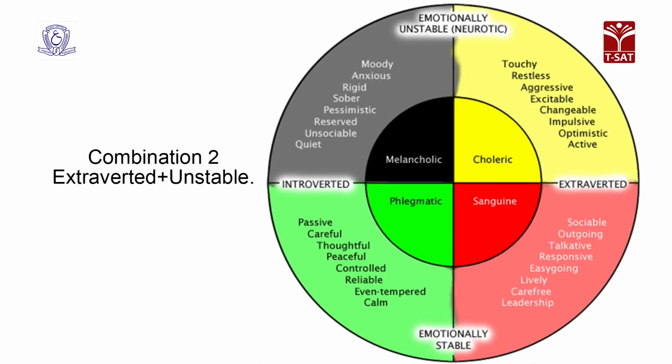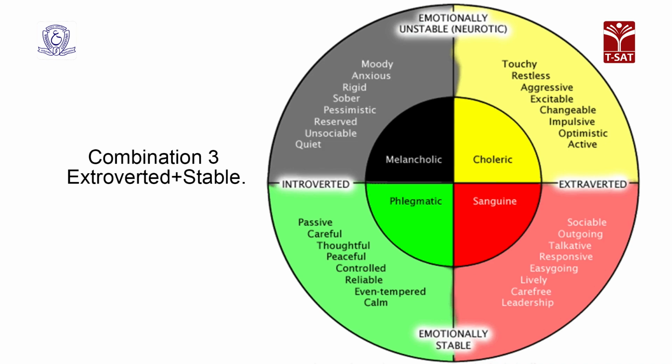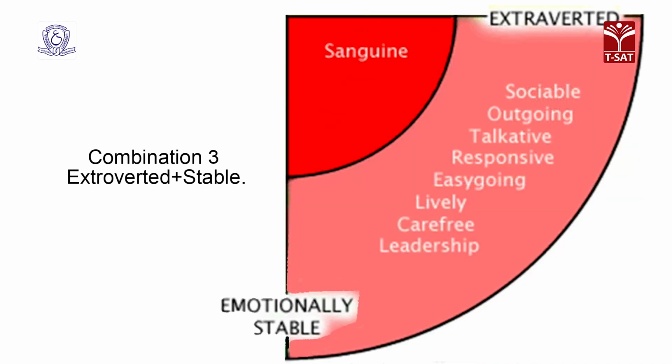Whereas combination 2 is extroverted plus unstable. It is known as the choleric type, which is depicted in the yellow color. The traits of this type are touchy, restless, aggressive, excitable, changeable, impulsive, optimistic and active. Coming to combination 3, which is extroverted plus stable. This is known as the sanguine type, which can be seen in red color.